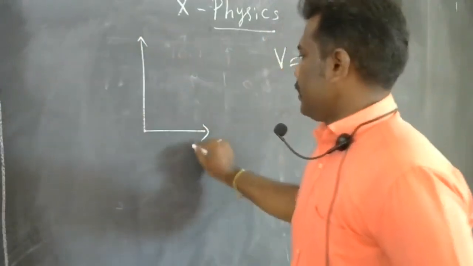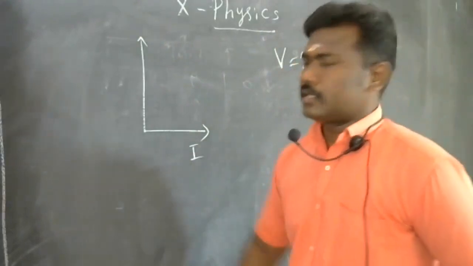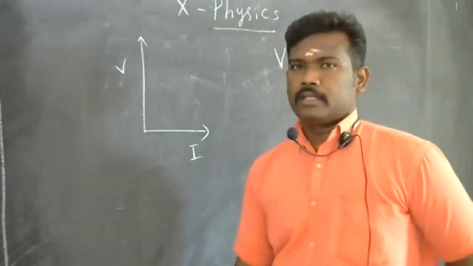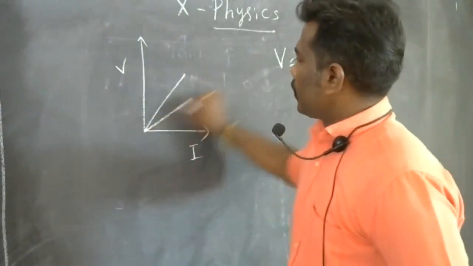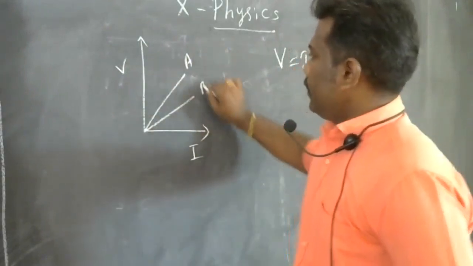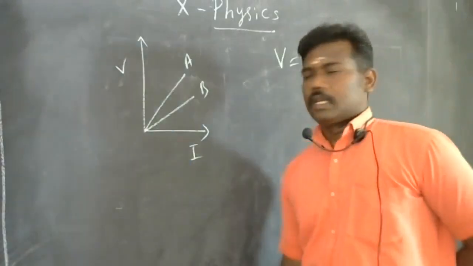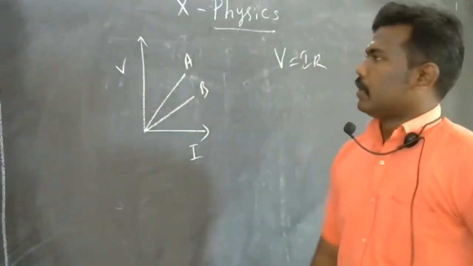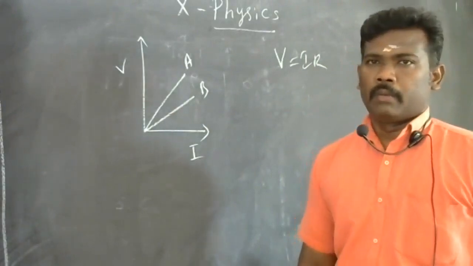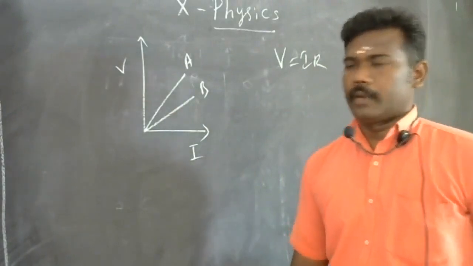And if you take the electric current on the x-axis and the voltage on the y-axis, if we have two curves A and B, we already discussed this concept sufficiently. So now I will discuss only one simple problem. After that, we will discuss one more different case.